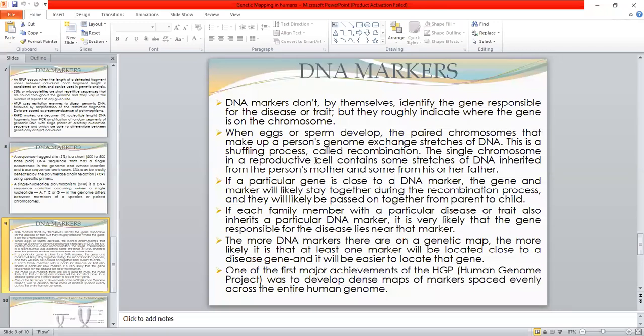During meiosis, during gamete formation, the paired chromosomes that make up a person's genome exchange stretches of DNA. During first meiotic prophase, the homologous chromosomes come closer to each other and form the synapse, and this structure is known as a tetrad.